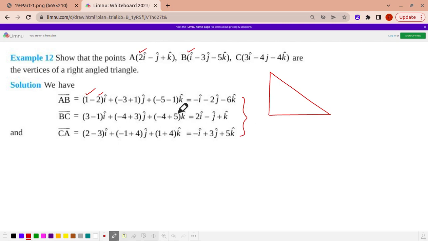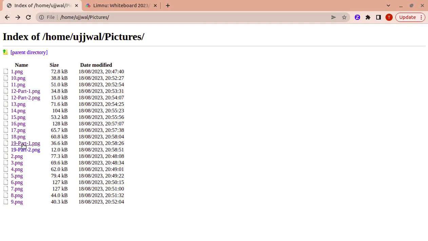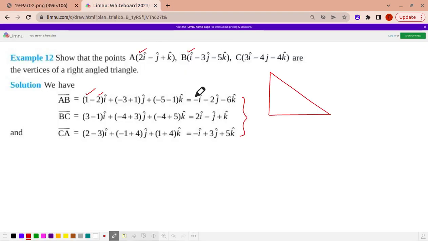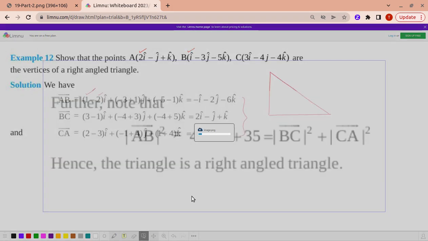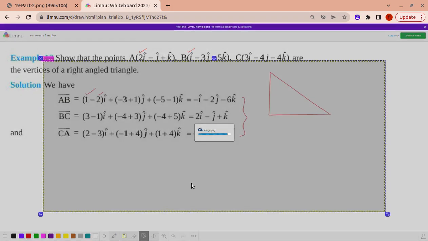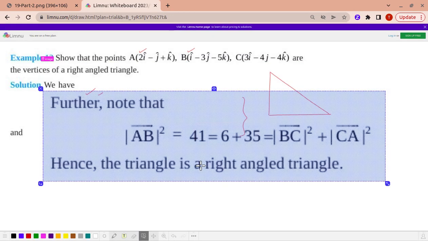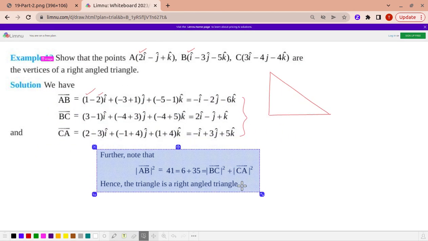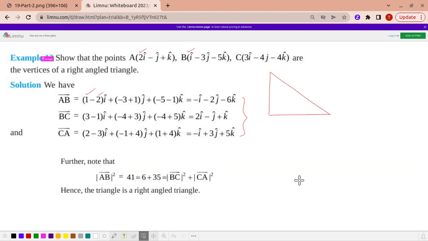After that, what we need to do is find the magnitude of these three vectors. If we find the magnitude of these three vectors, we will see something interesting here. So let me show it here. We see that BC square plus CA square is equal to 6 plus 35 respectively.